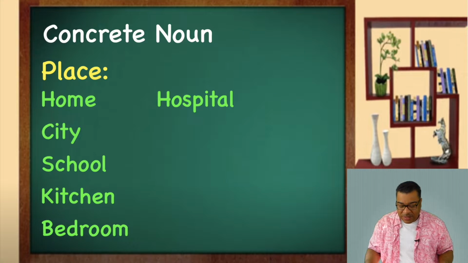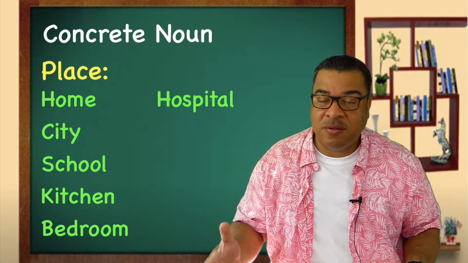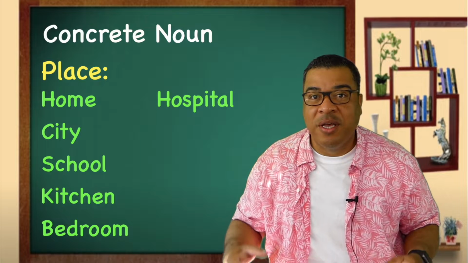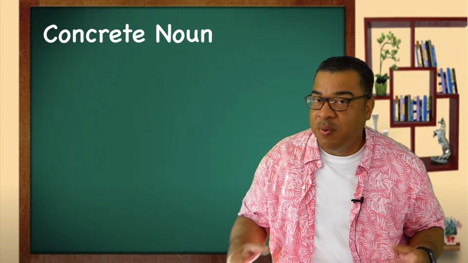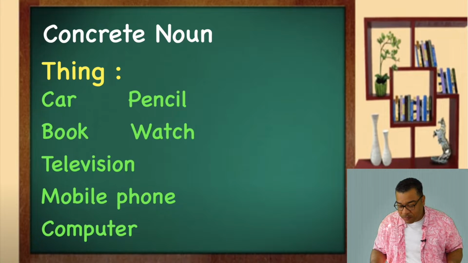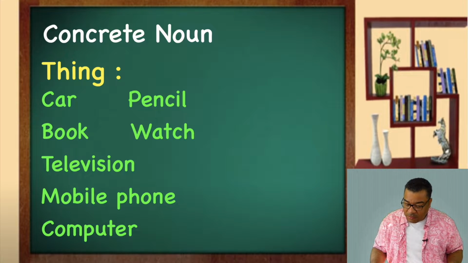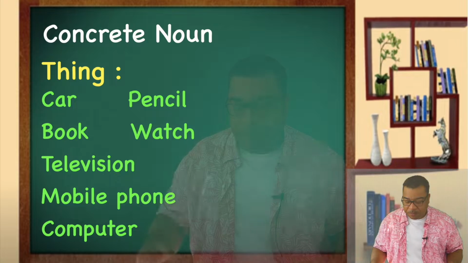Home, city, school, kitchen, bedroom, hospital. Now these are nouns, or again, concrete nouns when you're talking about a place. And the last one, when you're talking about a thing, we have car, book, television, mobile phone, computer, pencil, watch.